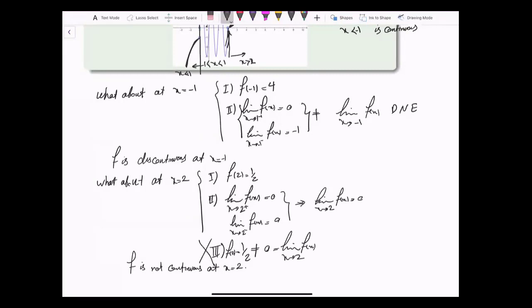You may not use exactly the notations I'm using, but you should make sure that you clearly mention what the issue is: if it's defined at that point or not, the limit exists or not, and if they are equal or not. You can write by wording, but make sure you include all these points.